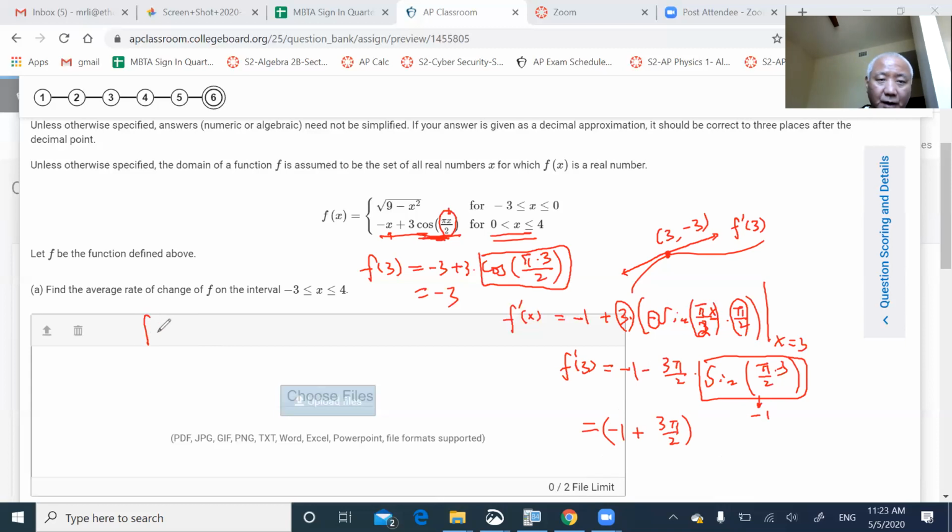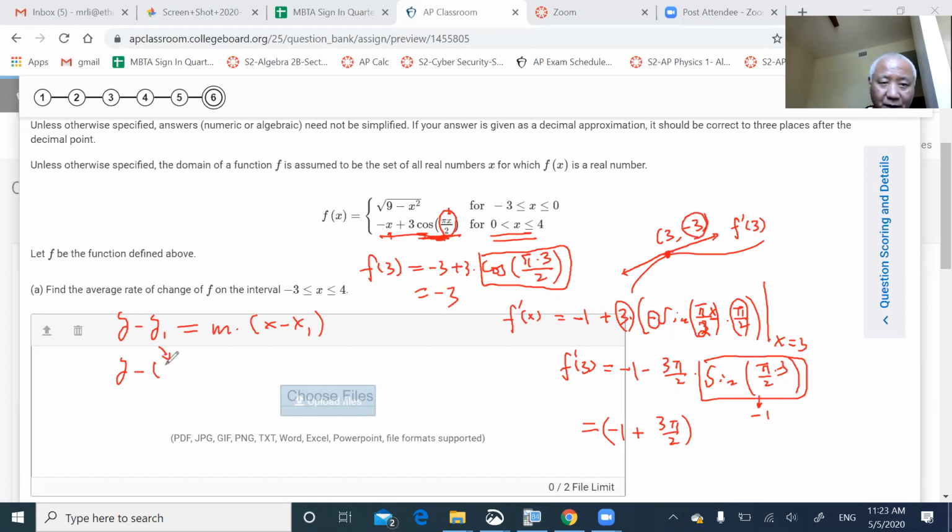Now, we're going to use the point-slope form to find the equation. The point-slope form is y minus y1 equals the slope times x minus x1, okay? This y is the variable, minus f(3), the y-coordinate of the point of tangency, right?